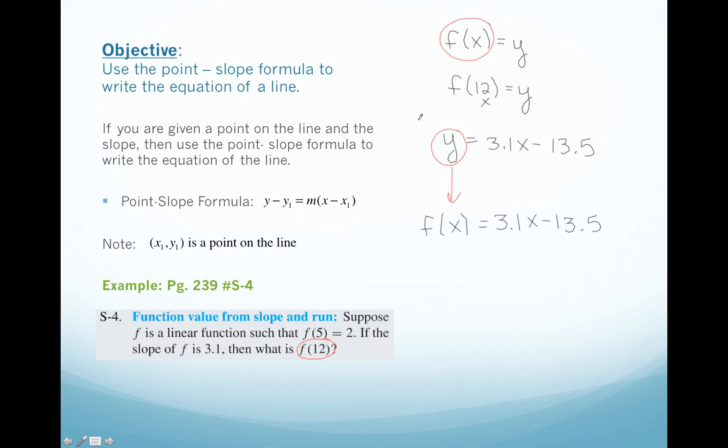Going back to the question, we want to know what is y when x is 12. So again, using functional notation, what is f of 12? Well, f of 12 is the value of the function when we substitute in 12 for x.